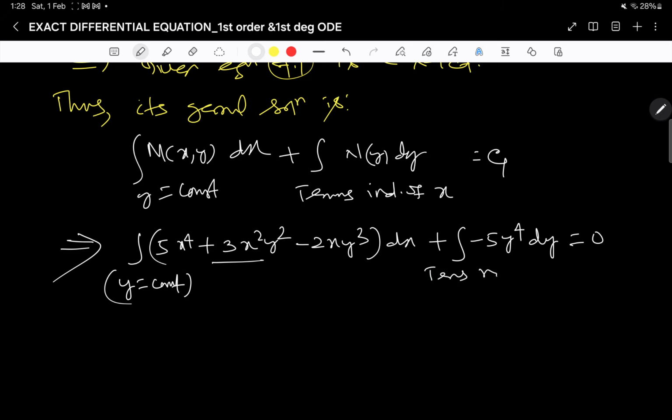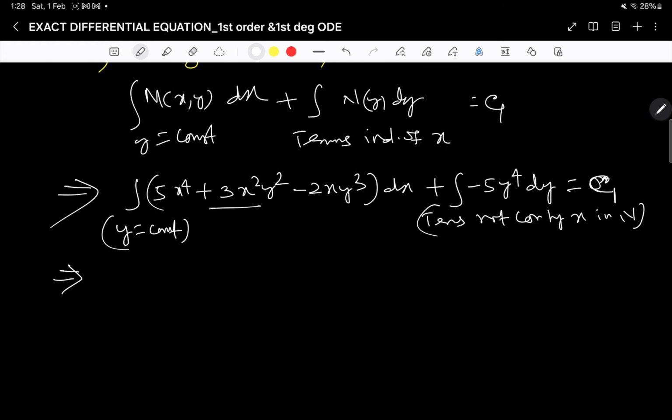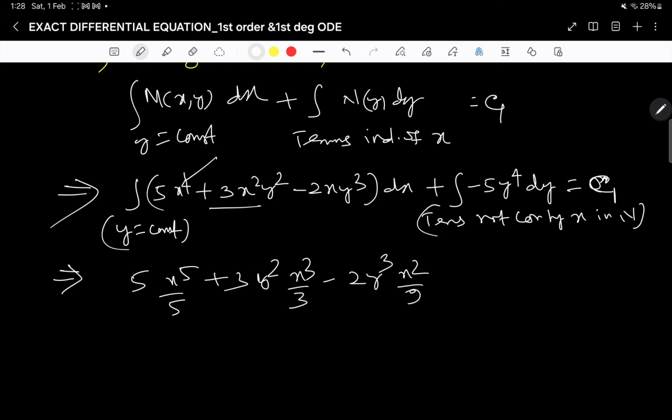Terms not containing x in N. So let it be my constant c1. Now I integrate, so this will be 5x^5 by 5 plus 3y square constant, x cube by 3, minus 2y cube constant, x square by 2, then minus 5y^5 by 5, and some constant c1.